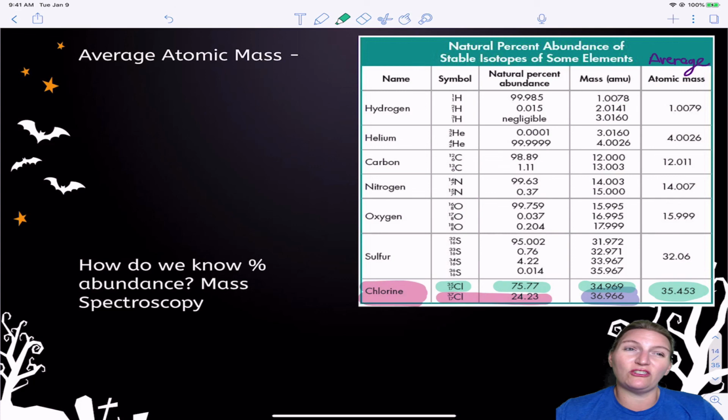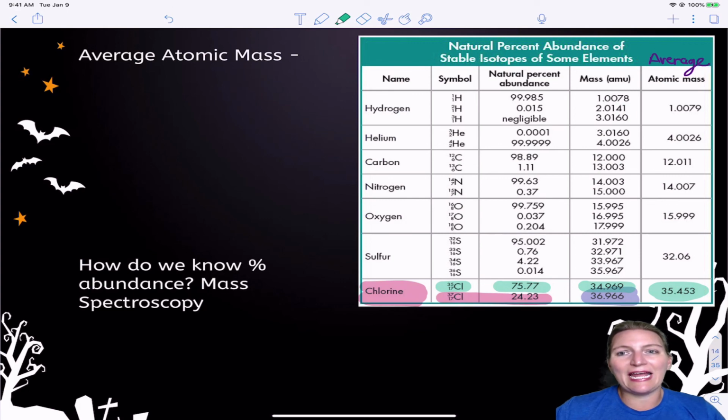You need to take into account the fact that most of the atoms of chlorine in this world are chlorine 35. So that's why the average atomic mass is a little bit lower than what it would be directly in the middle.